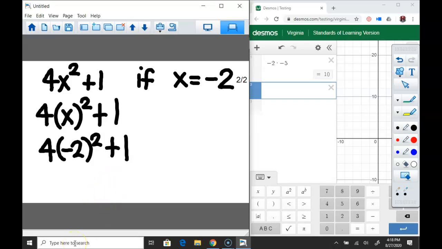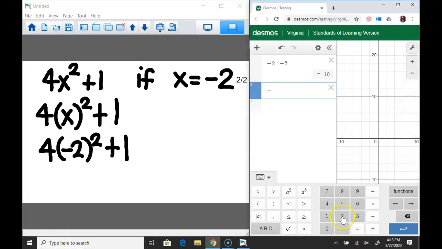Now, I want to show you something on the calculator here. If I do negative 2, like this, and then I hit my squared button, you'll notice I get negative 4 as my answer. So when I do negative 2 squared with no parentheses, I get negative 4 as the answer. Now I want to type it in like I have it written over here.